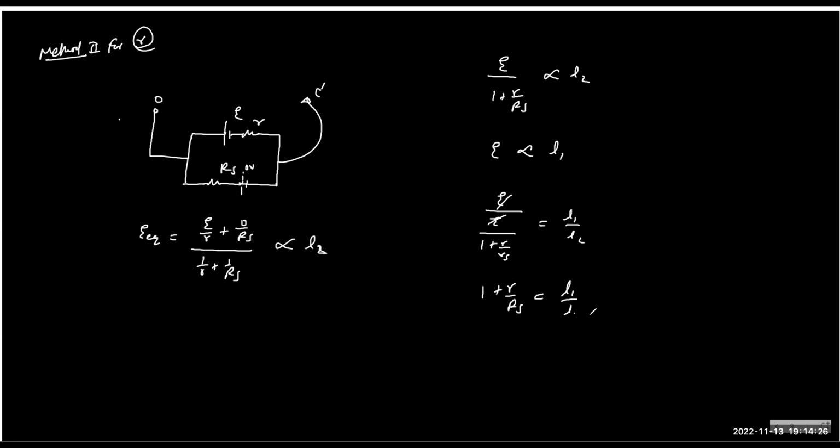You can do it in one line if you understand Millman's theorem. Is this clear, guys? For any circuit, you can just find the E equivalent and write it proportional to the null point you obtain, and accordingly solve the question.